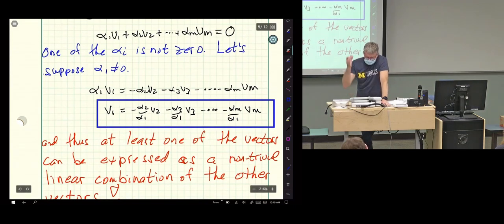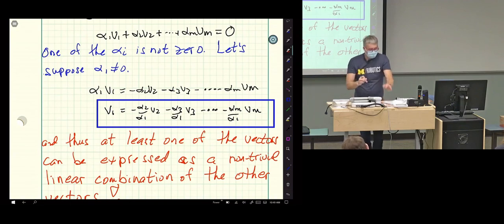Okay, so being linearly independent says that if you pick one of the vectors out, you can't reconstruct it with combinations of the others. If it's linearly dependent, at least one of the vectors can be written as a combination of the remaining vectors, okay?